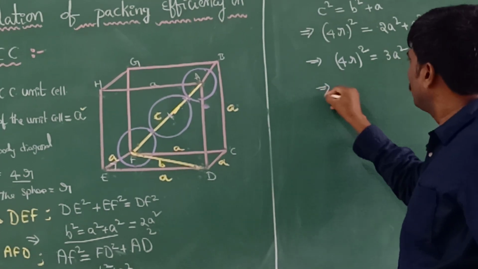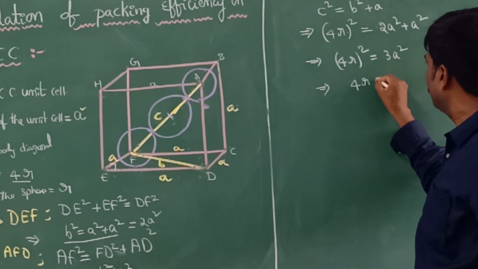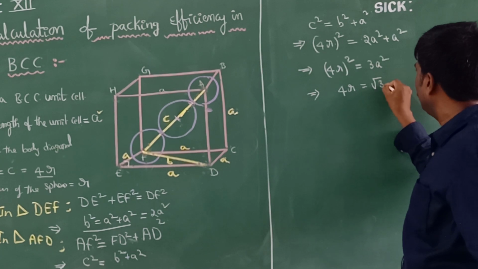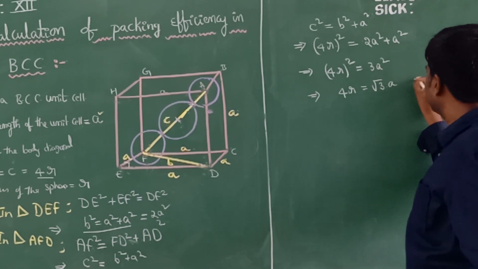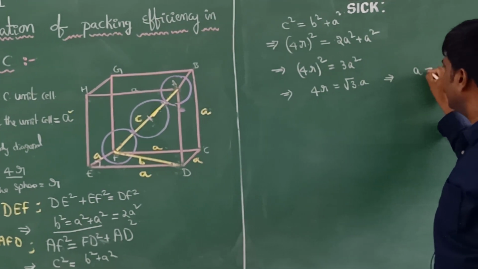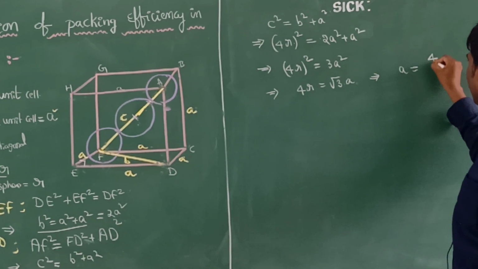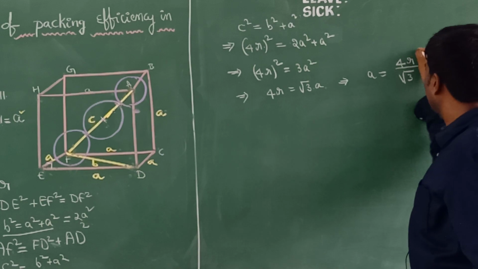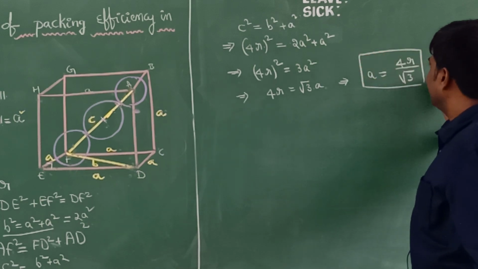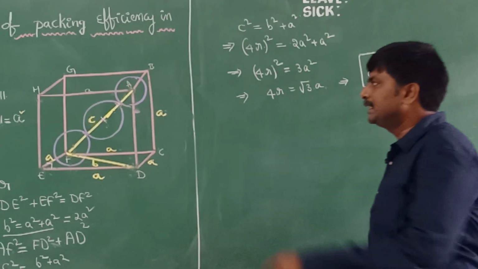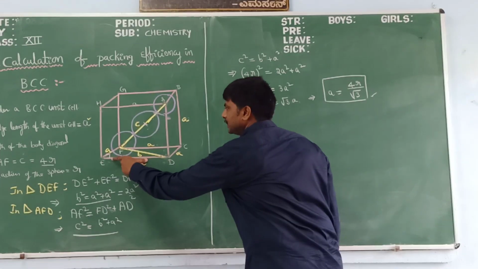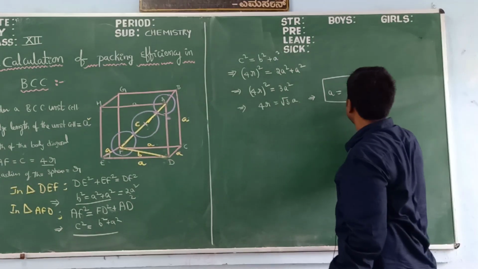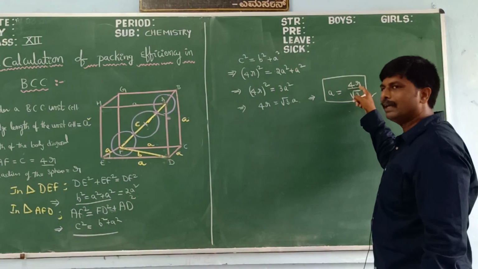That implies 4R is equal to root 3 into A, so A is equal to 4R by root 3. It is the relation between A and R.